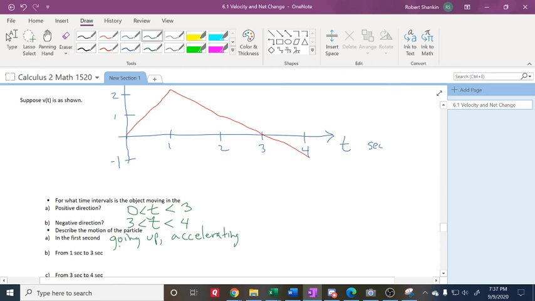Yes. All right, going up. And is it going up the same way it was going up in the first second? No. What else? What's changed? It's going slower. Yes, so it's decelerating. It's going slower and slower.